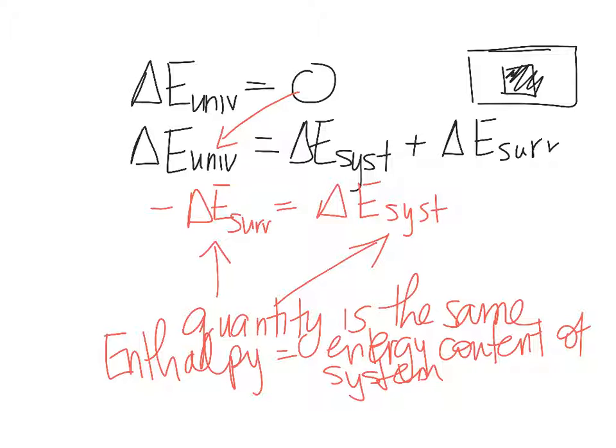So if this is now delta H, and we talked about the energy of the surroundings yesterday, Q, we get the most important connection, and that is negative Q is equal to delta H, or Q is equal to negative delta H. Either one works.